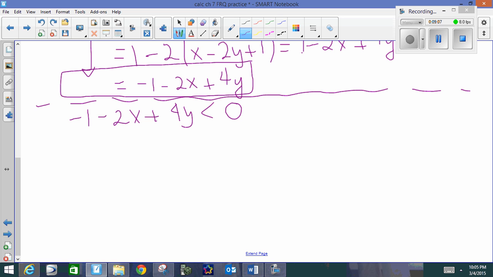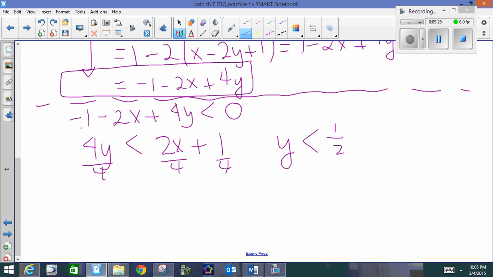This really would be an equation, so let's put it in y = mx + b form. So 4y, let's throw our negative 1 over there, that would be a 1, and 2x would go over there too. Divide by 4, and so y is less than 1/2 x plus 1/4.